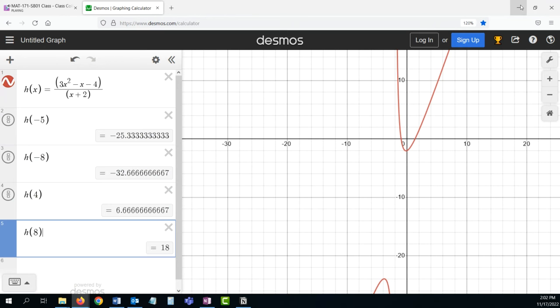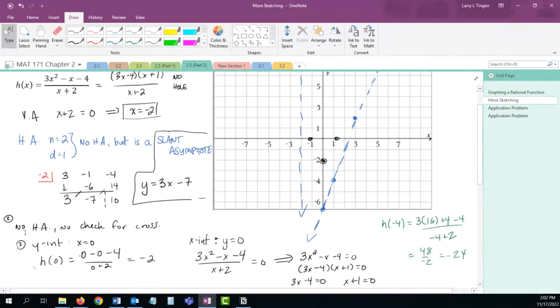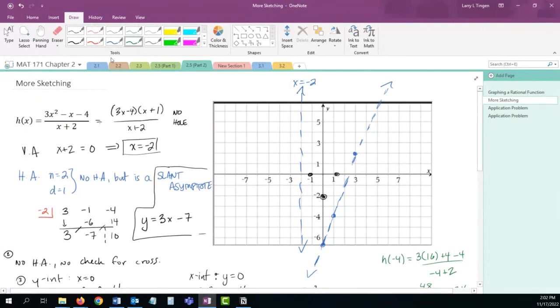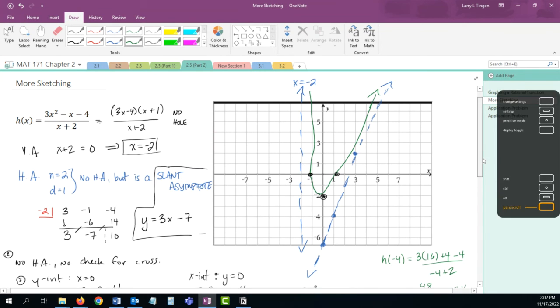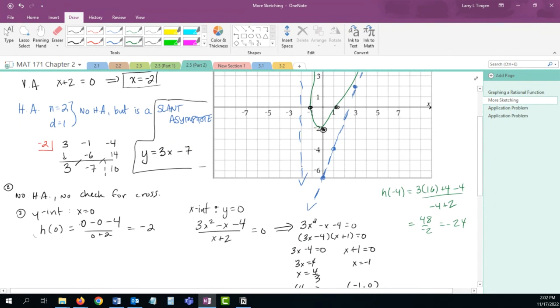So with those extra points included, and the graph is just not to scale very well, what does this thing look like? It's going to hug this asymptote, it's going to come down, and it's going to run off to that slant. And then when I get down below, my vertical asymptote and my slant asymptote are going to cross. And then when they do that, I'm going to see this same kind of behavior going up and down from here.